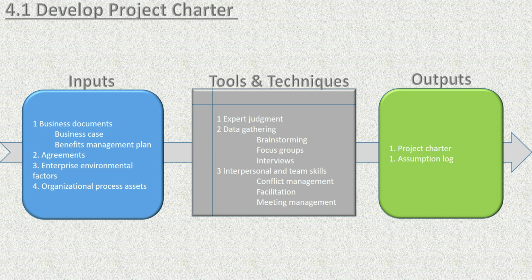Any kind of benefit is fine, but how the benefit will help the organization as a whole or the department as a whole has to be there. A proper management plan has to be there, which is the content of this benefit management plan. Then the second point is agreements.